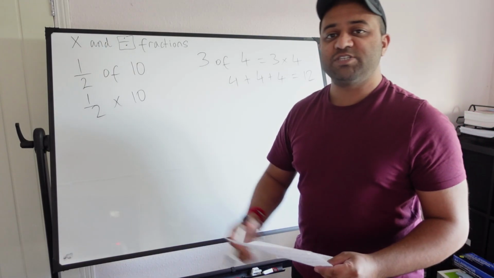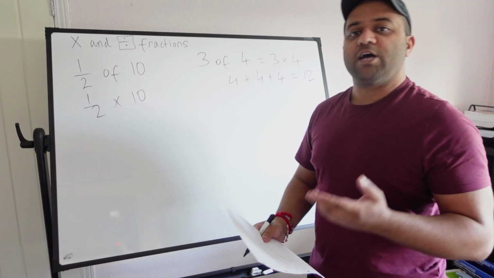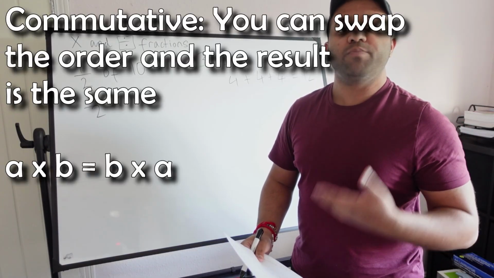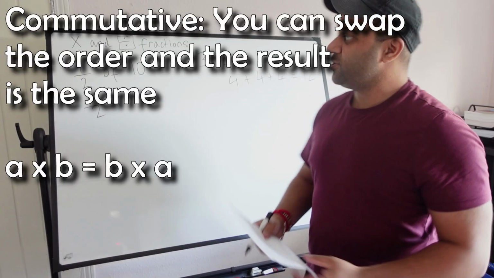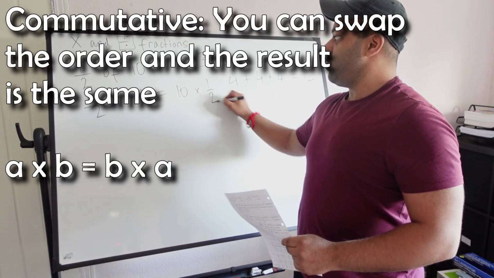So a half of 10 is a half multiplied by 10. And as we know with multiplication, it has a property that we call commutative, which means we can swap the order and the result doesn't change. So this is the same as 10 multiplied by 1/2.